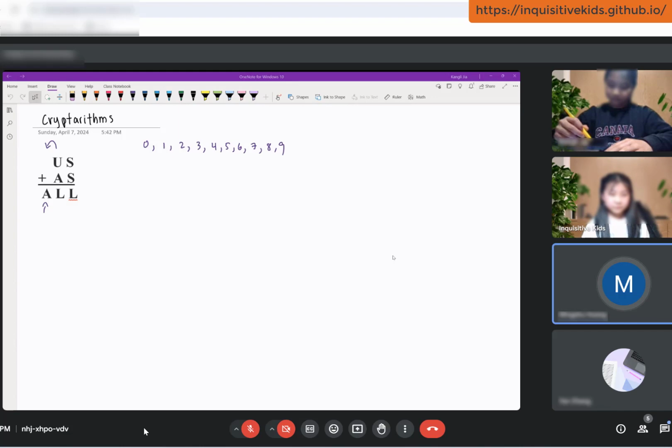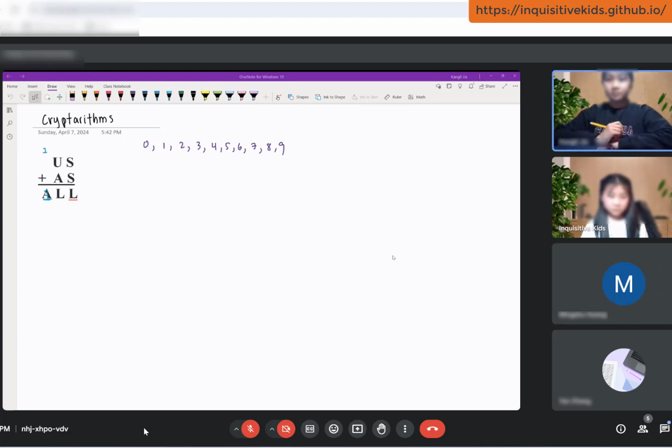So, first, since A has to be 1, then it would be something plus something equals like 100 something. So it's kind of hard to explain, but if it was carried down, then they have to be something greater than or equal to 10.